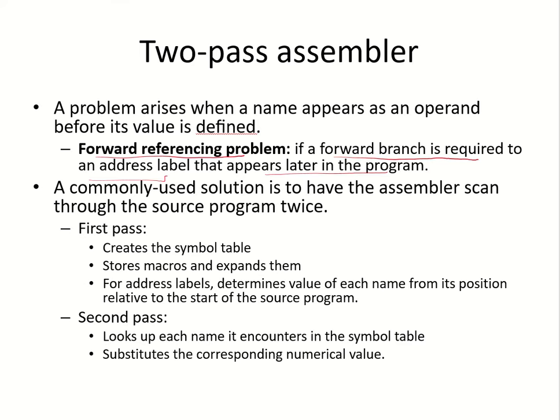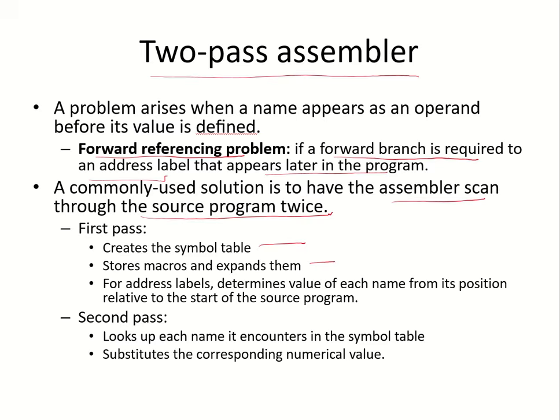So a common solution is to have the assembler scan the source program twice. If this is the approach that is being used, it is known as a two-pass assembler. In the first pass, the assembler will create a symbol table where it will add the symbols and the values assigned to them.